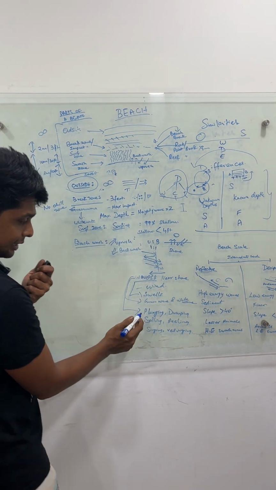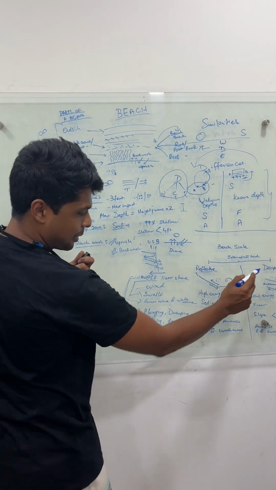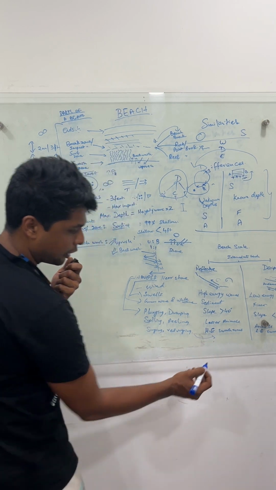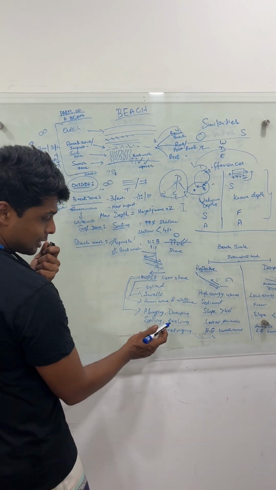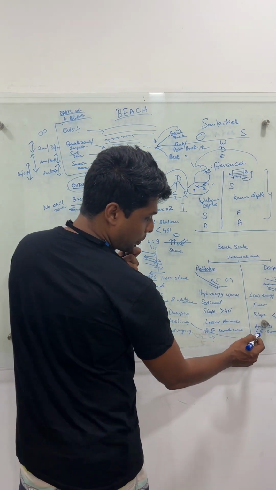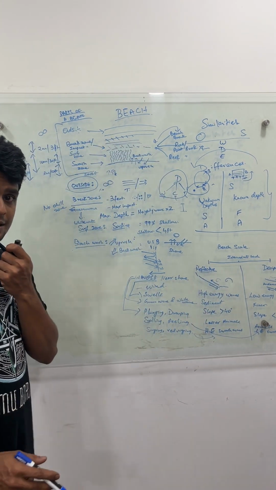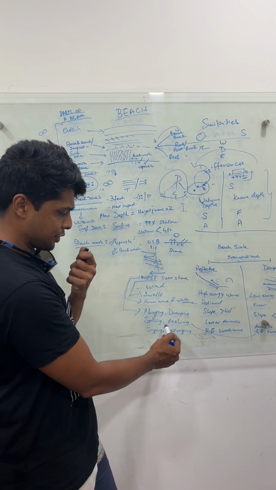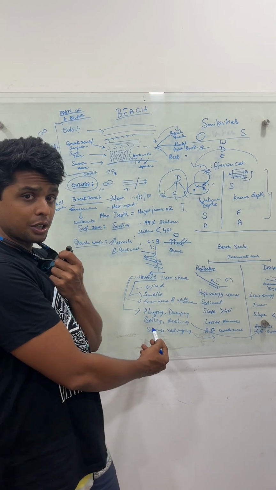Now you can see these waves in these types of beaches. For example, surging waves and resurging waves are very common in reflective beach systems, while spilling and peeling waves are super common in dissipative beach systems. And by the name you can see it's spilling, peeling. So this is an ideal condition for surfers. They love a condition like this.